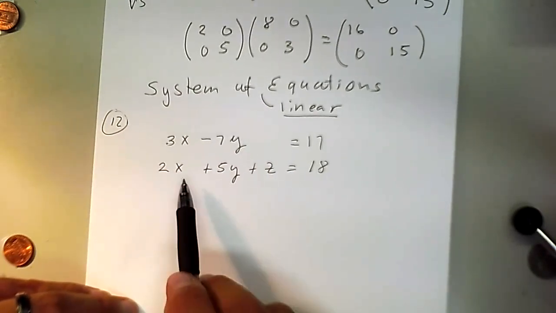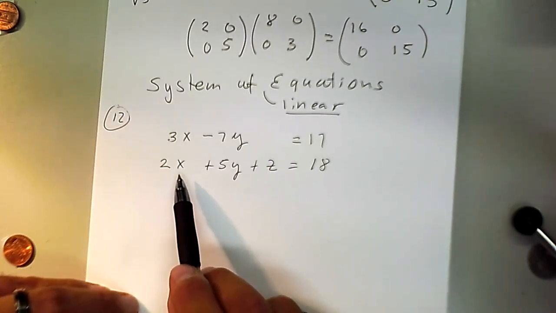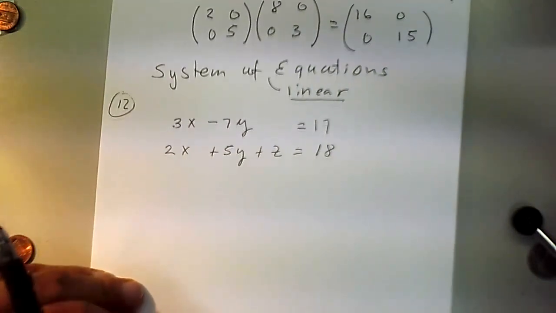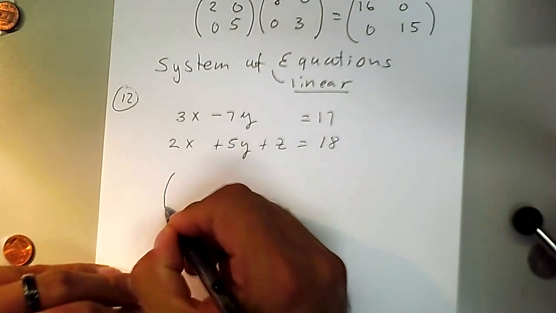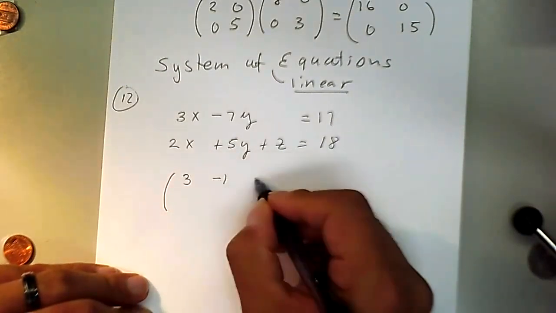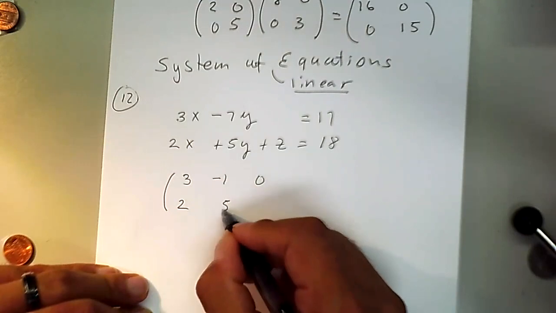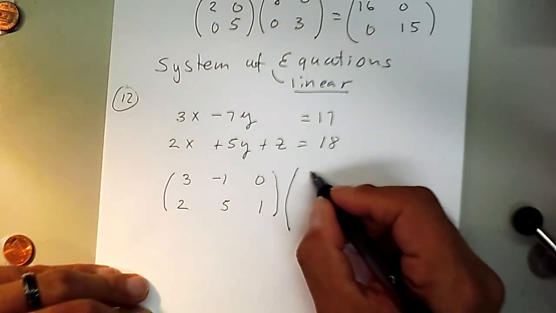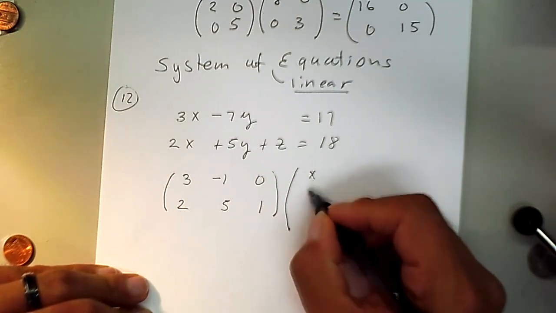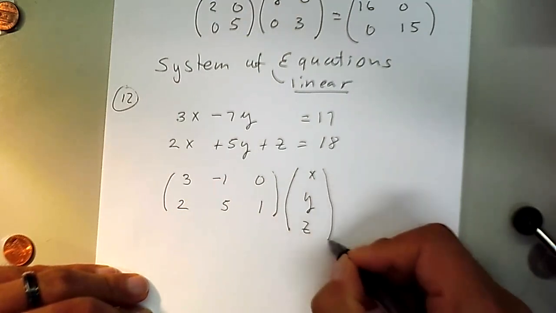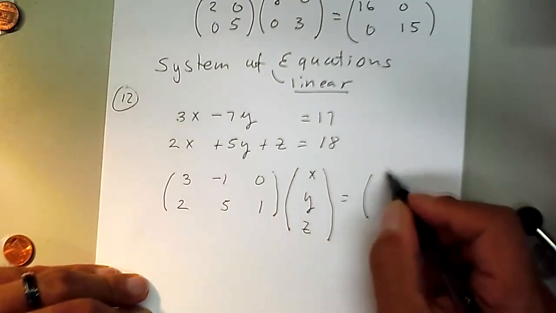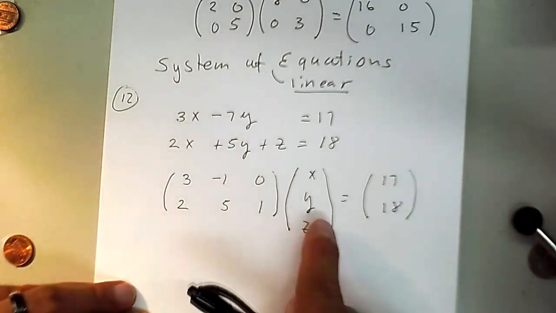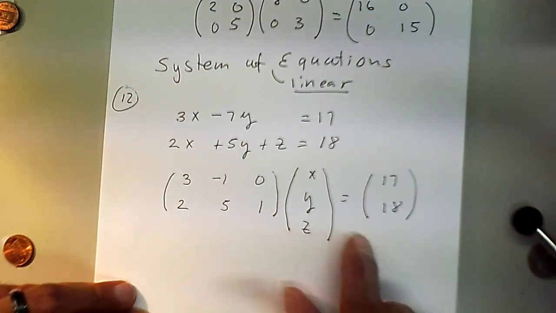And the thing is, we can rewrite or paraphrase the system of equations using matrices. If we multiply the matrix with rows 3, -1, 0 and 2, 5, 1 with the matrix x, y, z, equaling the vector 17, 18, those two represent exactly the same idea.